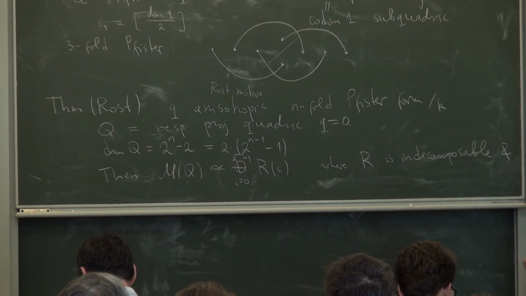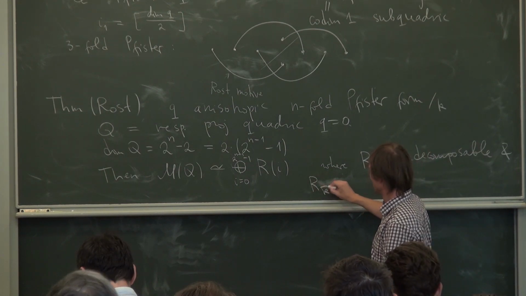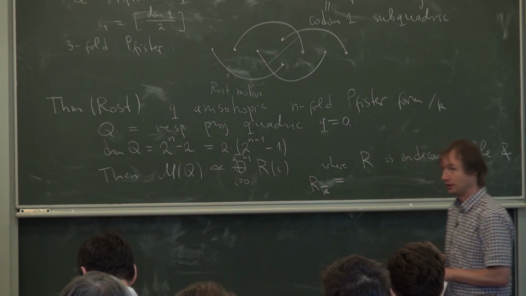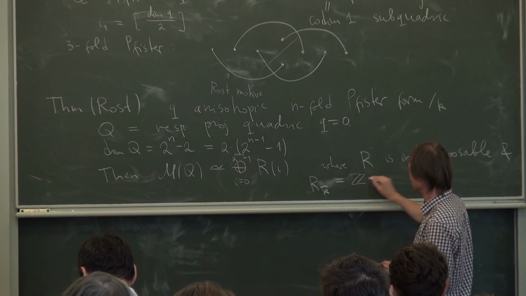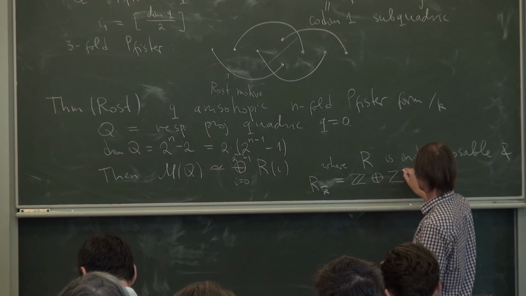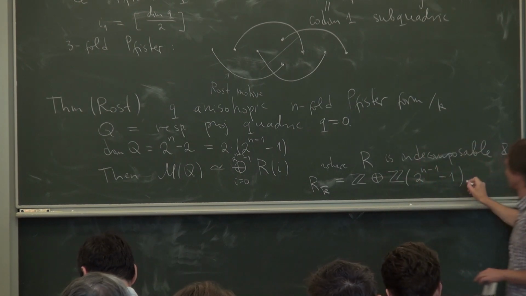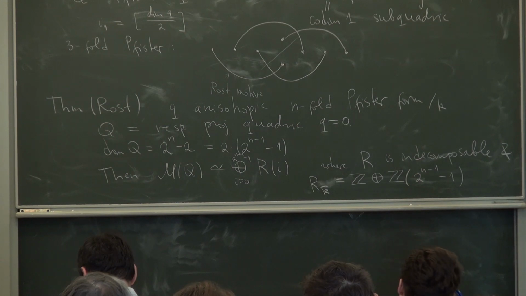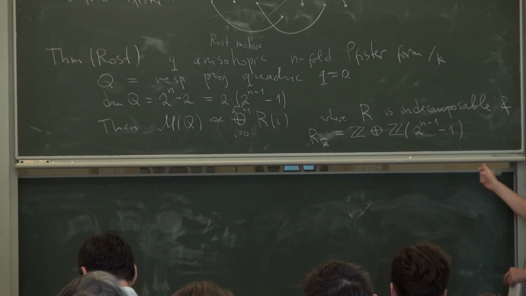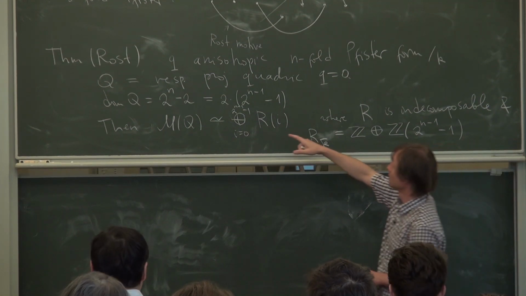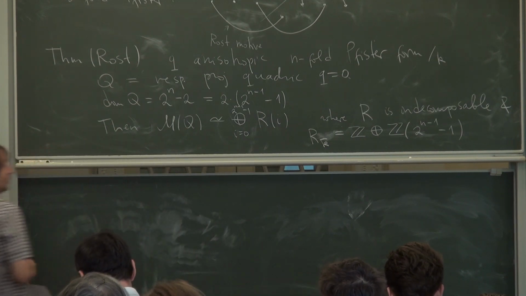And if we pass to an algebraic closure of our base field, then it splits into a direct sum of two Tate motives, Z and Z shifted by 2^(n-1) minus 1. Well, so an example, if n is 3, is this picture.